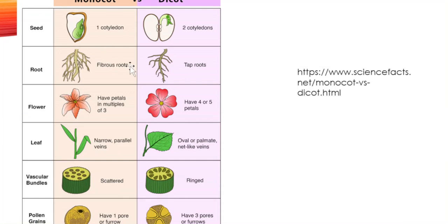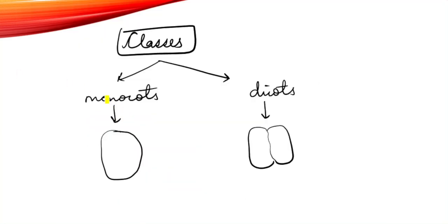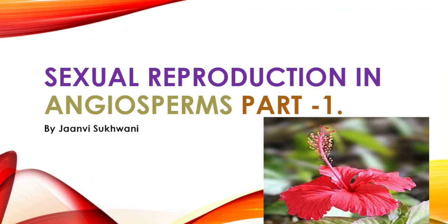The picture shows that monocots have one cotyledon, the single cotyledon diagram which I had already shown here. Here there are two cotyledons. Same is explained here.